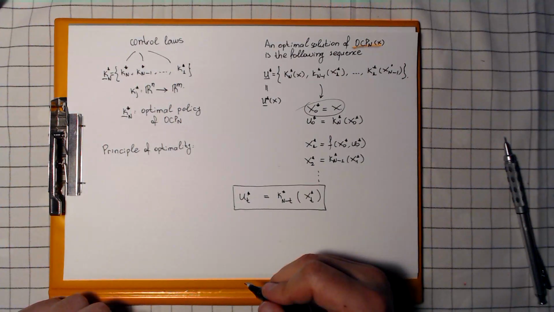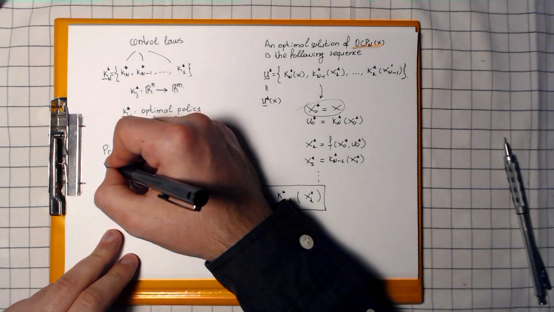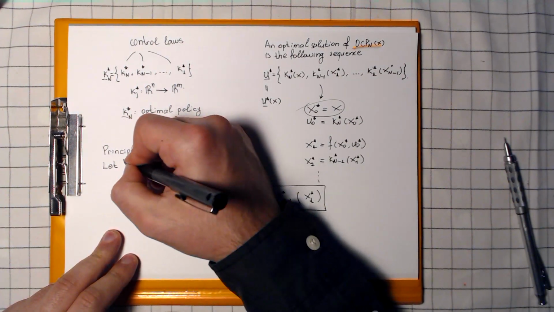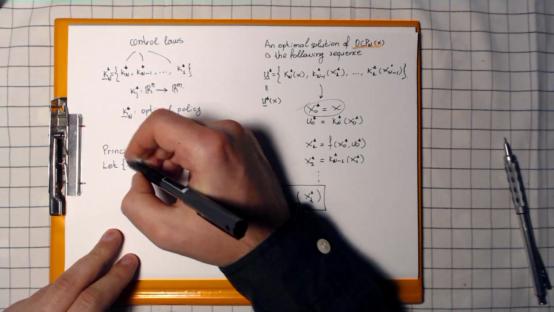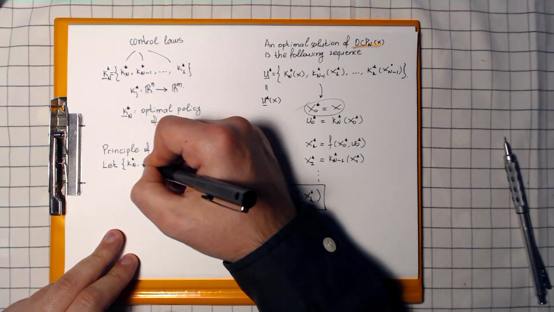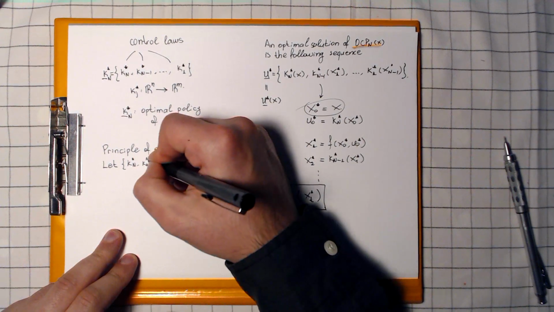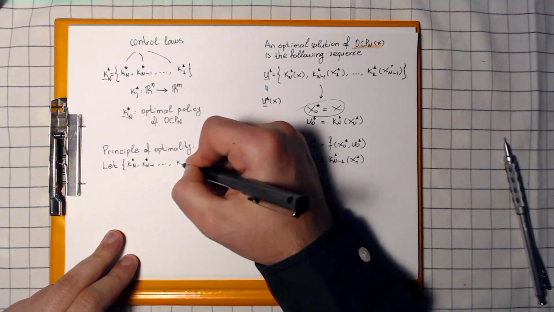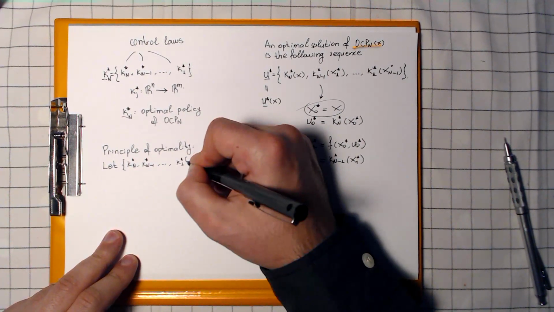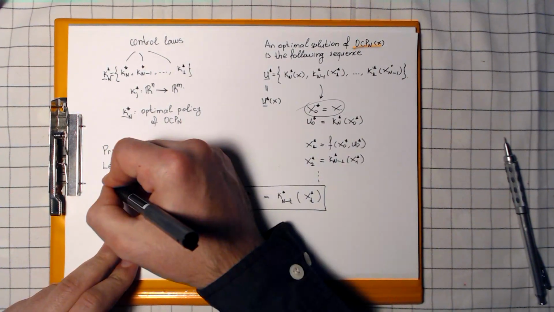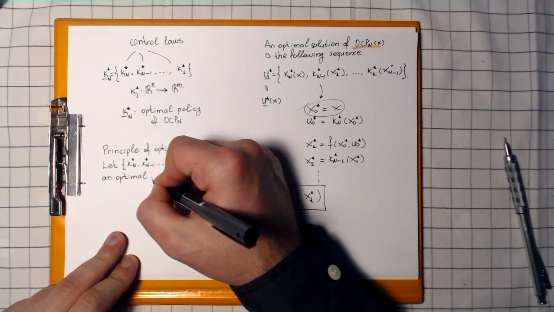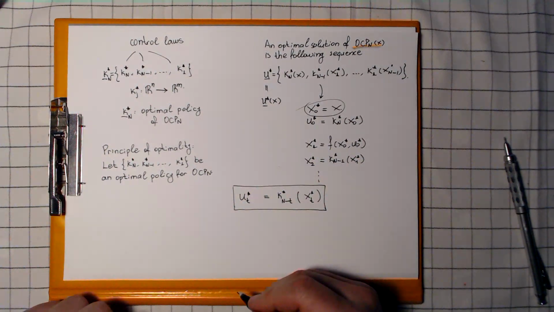Now, the principle of optimality states the following. Let kappa n star, kappa n minus 1 star, and so on up to kappa 1 star be an optimal policy for OCP n.